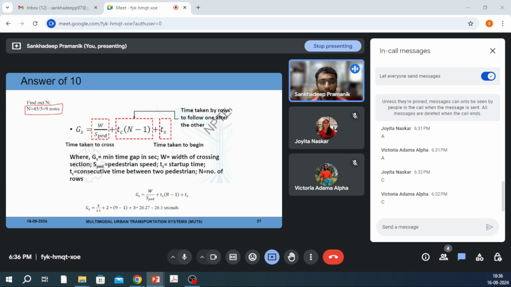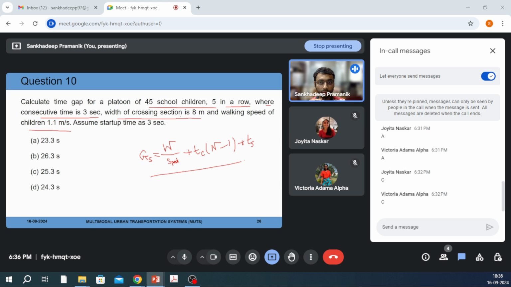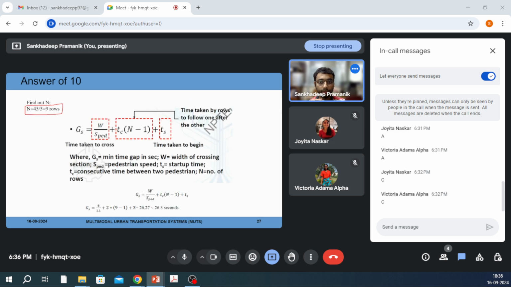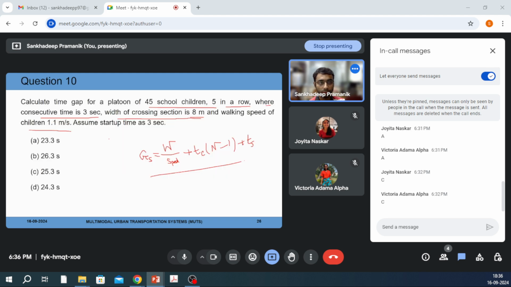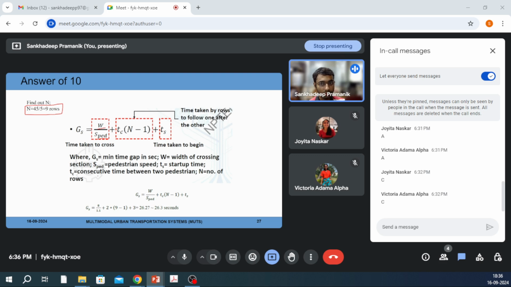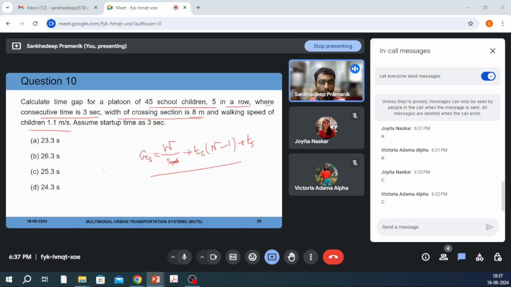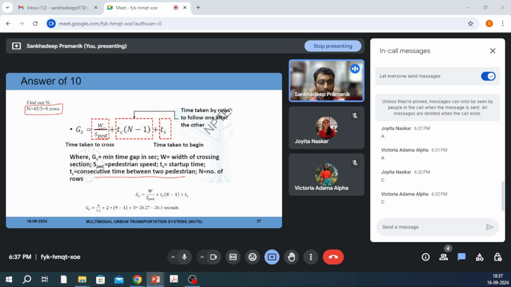Now if we consider this formula, w is the width of the crossing, so this one is given as 8 meter, then pedestrian speed is given as 1.1, then TC, which is the consecutive time between two pedestrians, is given as 3 seconds.